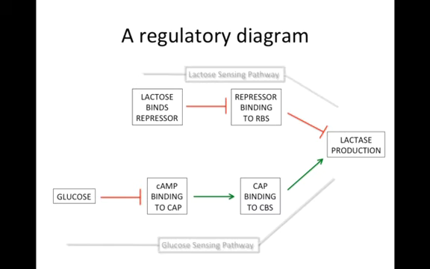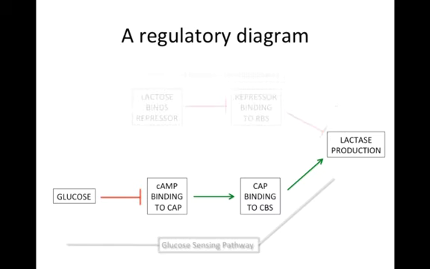And so now we can work through what the logic looks like. Okay, so if there's no glucose, well, this is a block, so that means it's backwards. If this is no, this is yes. So yes, we'll have cyclic AMP binding to CAP. This is forward, so if yes, then yes. And again, same thing, if this is yes, then yes. So now just from this diagram, we can go all the way from glucose to lactase production just by flipping things from no to yes.